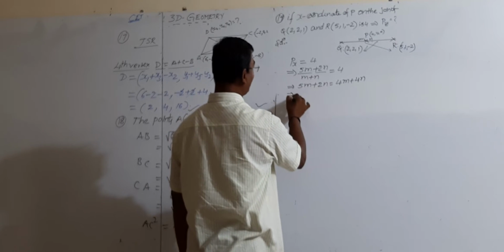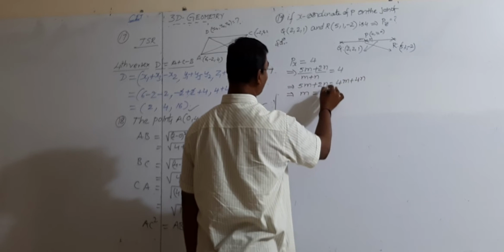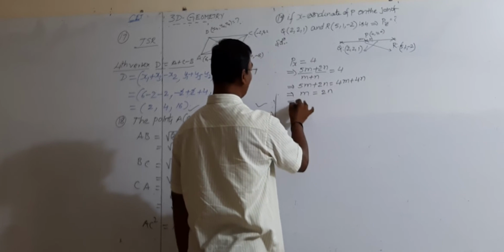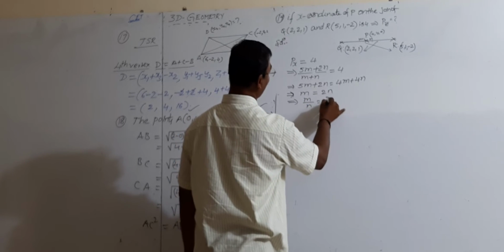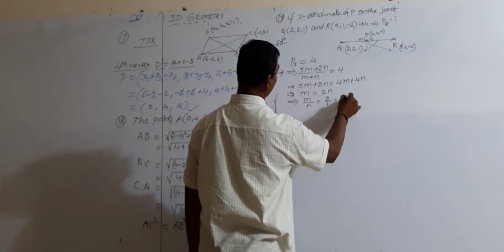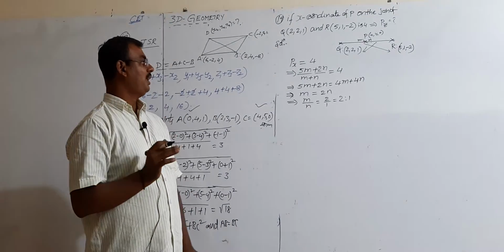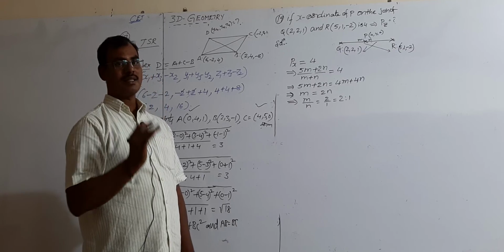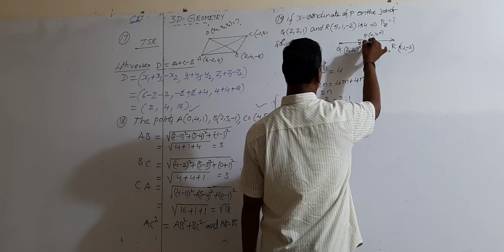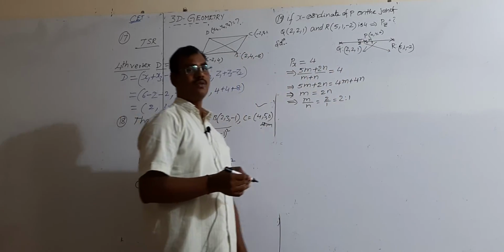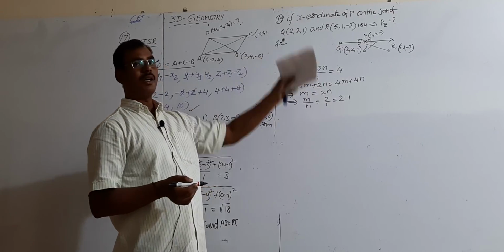Simplify. 5m minus 4m, m is equal to 4n minus 2n, nothing but 2n. I write m divided by n is equal to 2 divided by 1, that is equal to 2:1. So it means the point P divides the QR line segment in the ratio 2:1. At what ratio does it divide? 2:1 ratio.